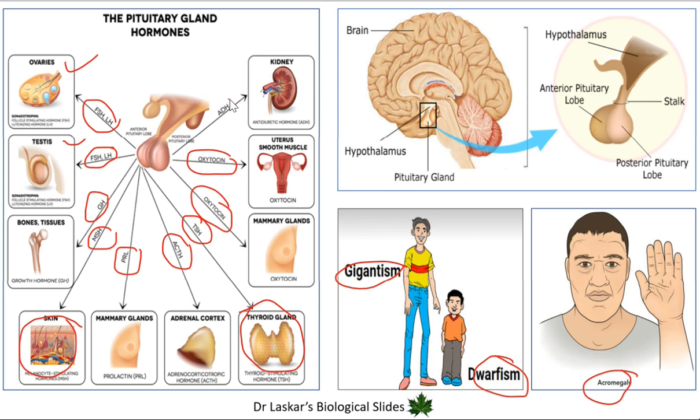The next, ADH, which is also called vasopressin. Vasopressin acts at the kidney and stimulates reabsorption of water and electrolytes by the distal tubules, thereby reducing loss of water through urine, which is known as diuresis, and hence this hormone is also called antidiuretic hormone or ADH.